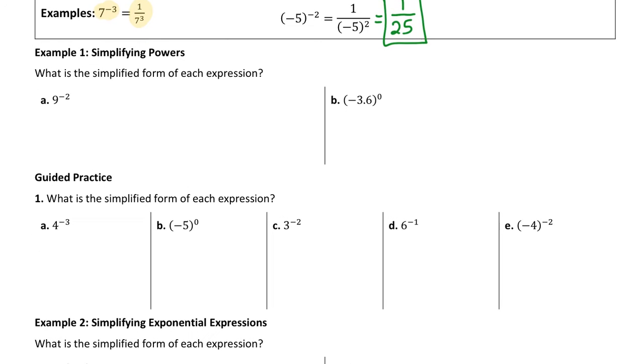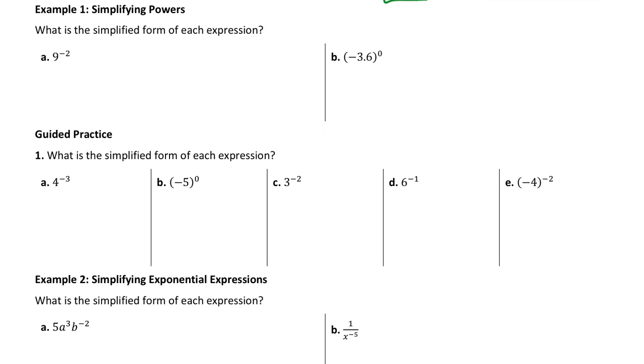We're going to get some practice with that in example 1. In example 1, we are going to rewrite 9 to the negative second power. Seeing that the exponent is negative, we're going to write this as a reciprocal: 1 over 9 to the second power, which is really 1 over 81. In part B, negative 3.6 to the 0 power is just 1.